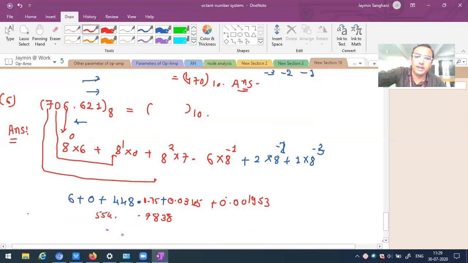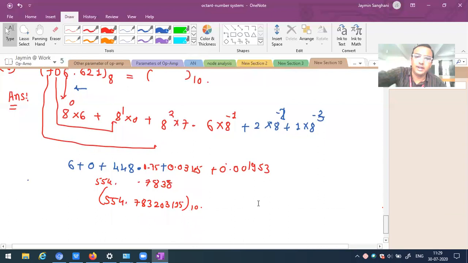So 554.78320 is the number that is converted into decimal, which is given in the 6 to 1.